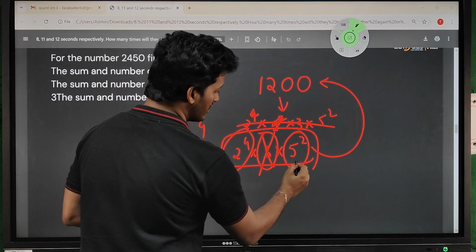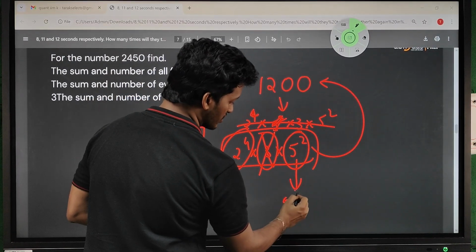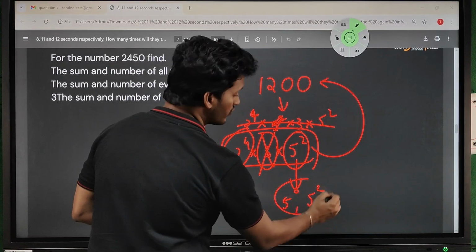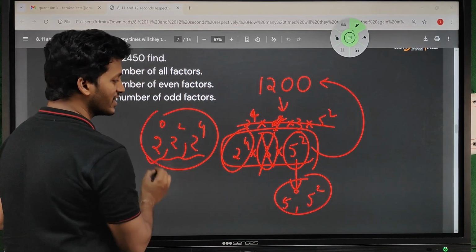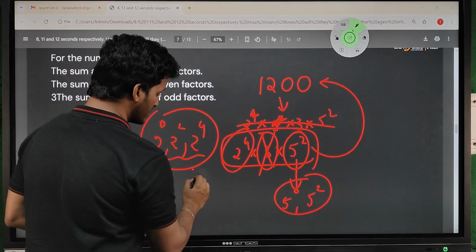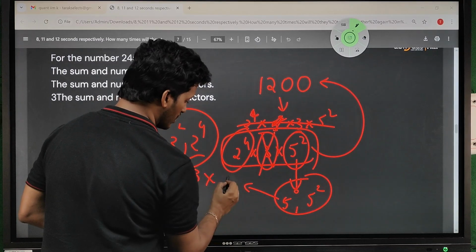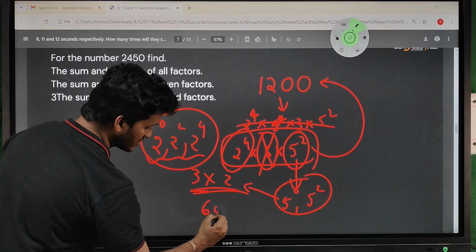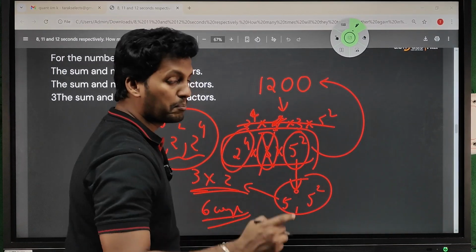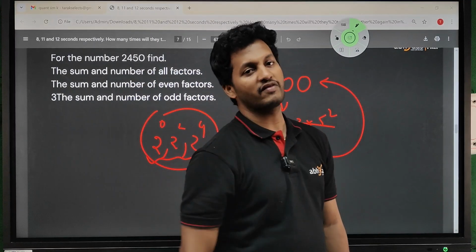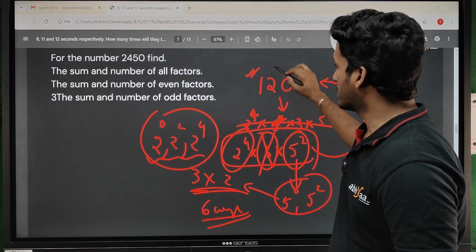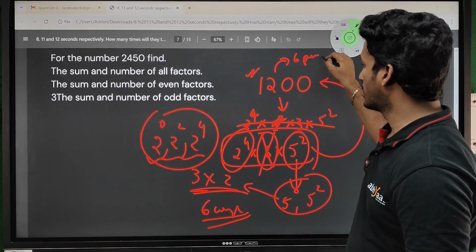Okay, now 5 square. 5 square can be taken as 5 power 0 or 5 power 2. 2 ways. So in how many ways can I get perfect squares? It is 3 into 2. So in total 6 ways I can get perfect squares from the given prime factorization form of 1200. That means only 6 perfect squares are possible.